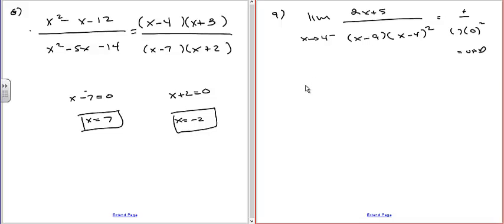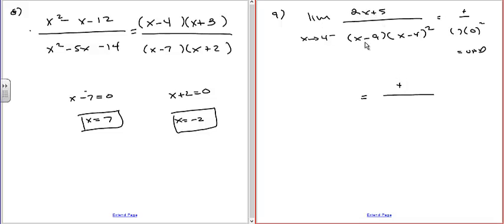And again, what I'm going to do is, for all the cases except here, I'm just going to plug in 4. So yeah, let's just do that. So if I plug in positive 4 here, I'll get a positive because I have 8 plus 13, which is positive.